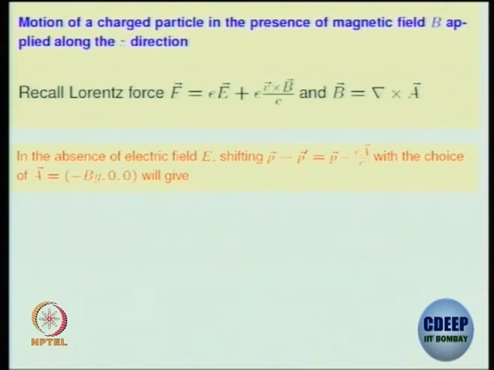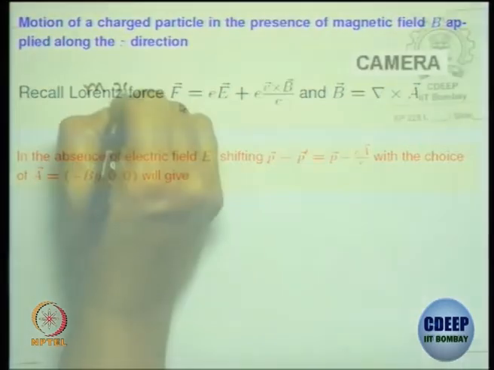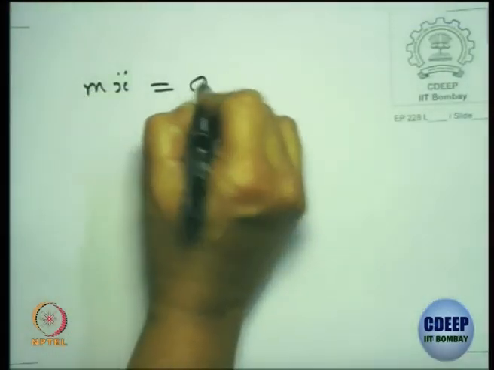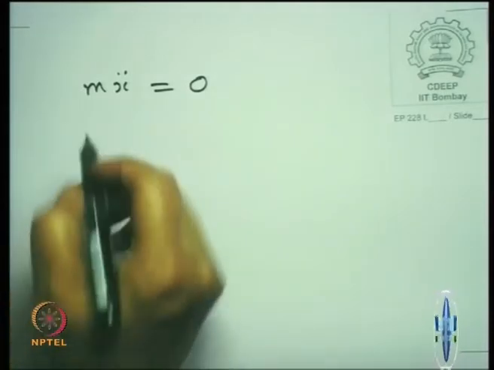If you have not done it, right now you take this as given. At some point you have to write the Euler-Lagrange equation for the shifted momentum, and you can show that you get the Lorentz force. Just to give you a flavor, for a free particle you want m x double dot to be equal to 0. How do you do this in classical mechanics?